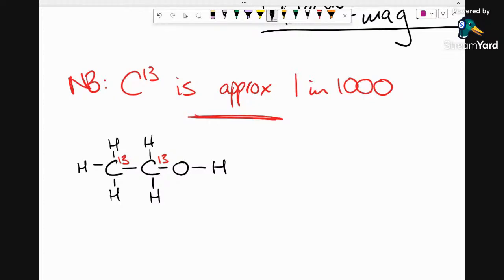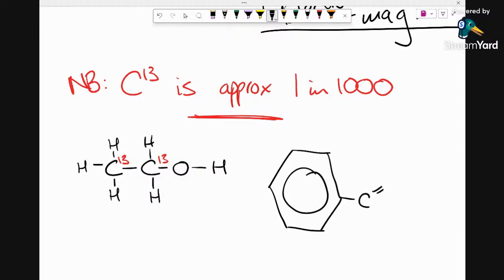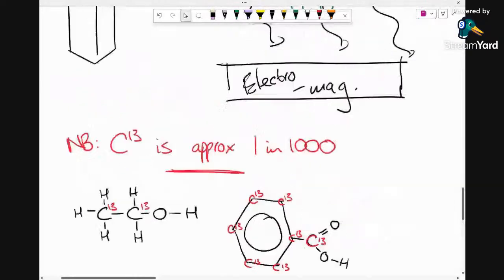So when we're looking at, I've actually dissolved benzoic acid in this particular case, I'm going to assume that every single carbon atom in this molecule is going to be a C13. That's the assumption you guys now have to make. So if you can do that for me, that would be ideal. So just pretend they're all C13s.